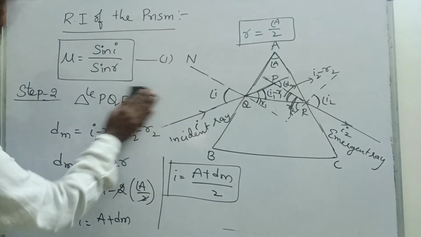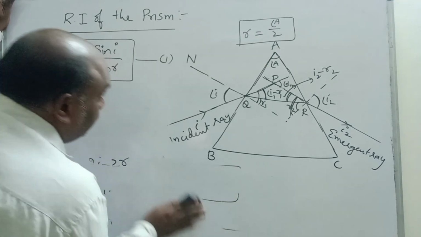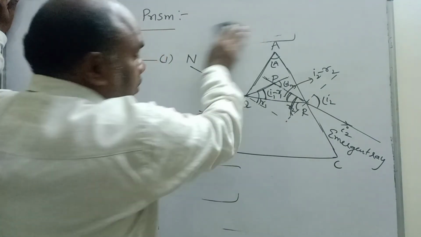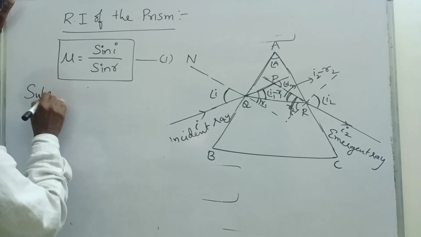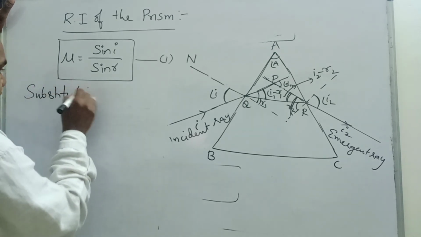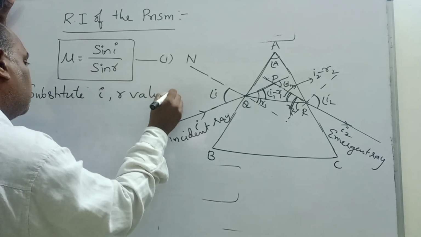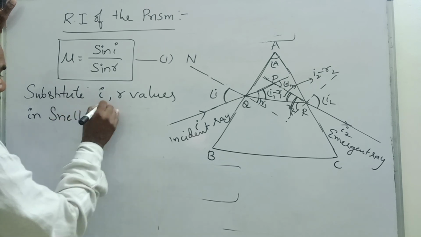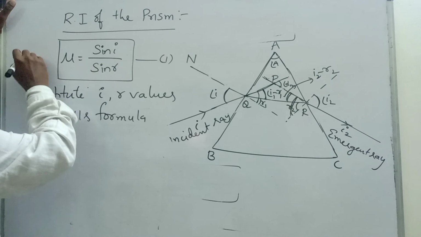Now observe, children. Now substitute the I, R values in Snell's formula. This is Snell's formula.